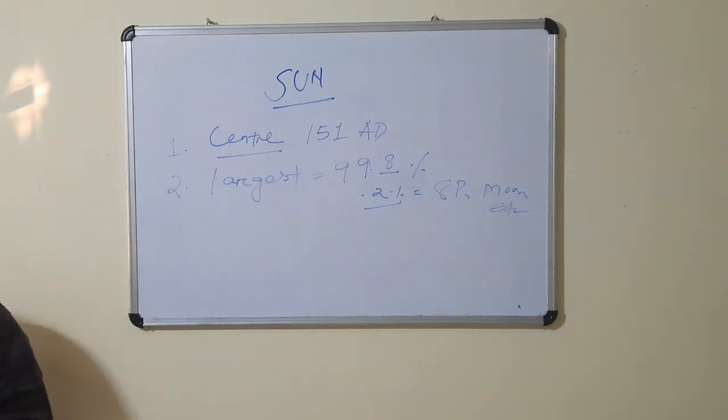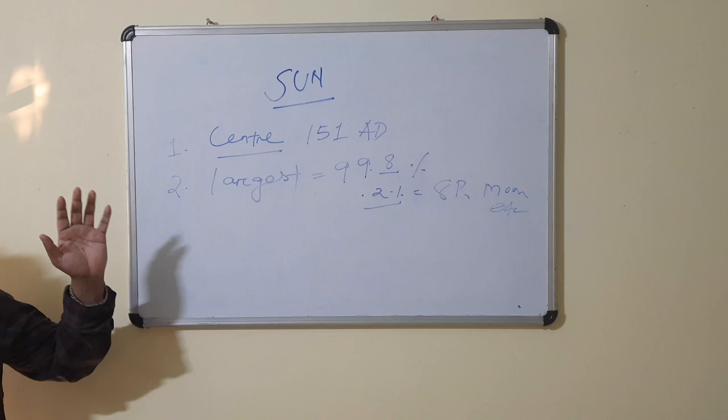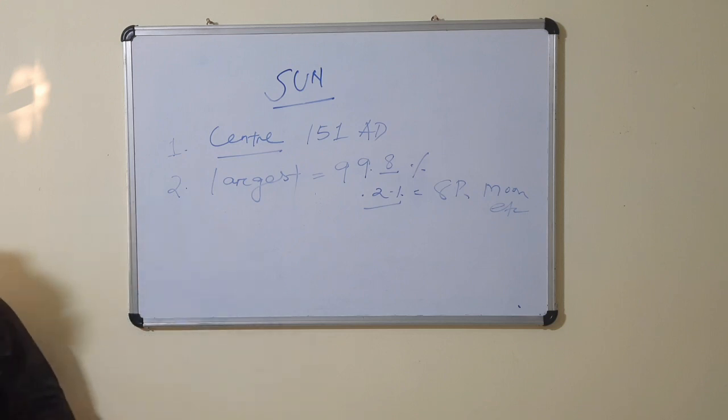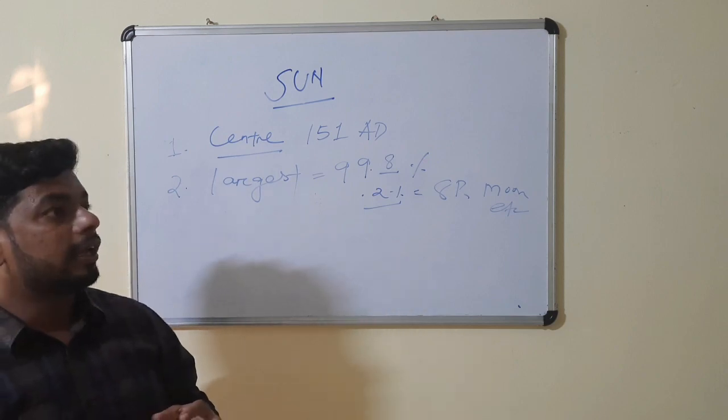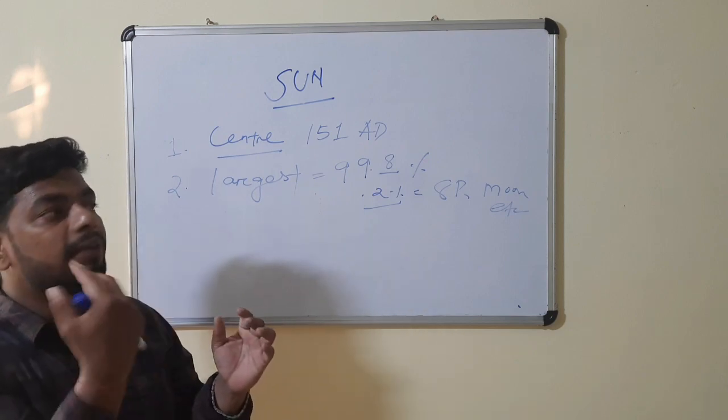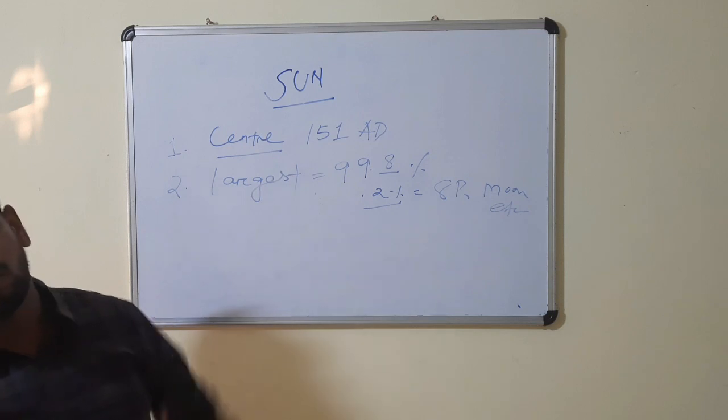Due to this mass, the sun has a great gravity, and that is why all 8 planets revolve around the sun.